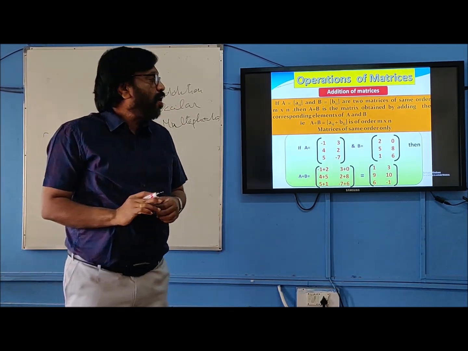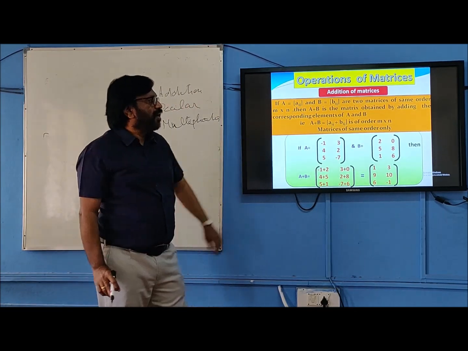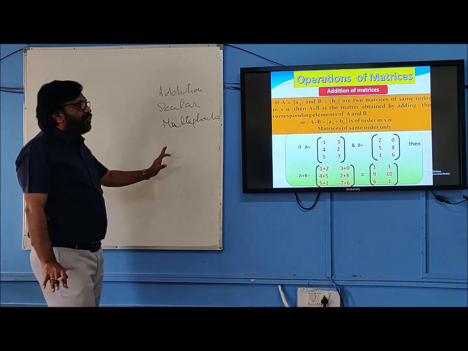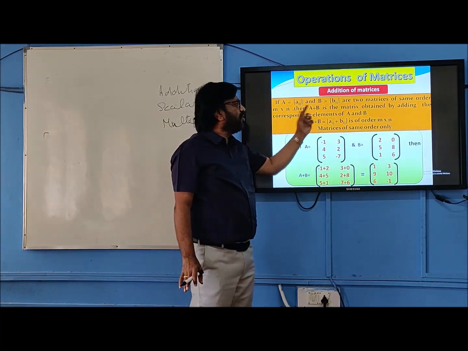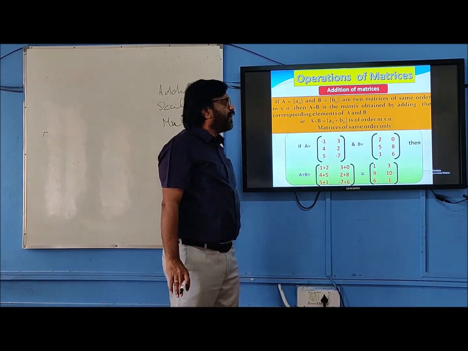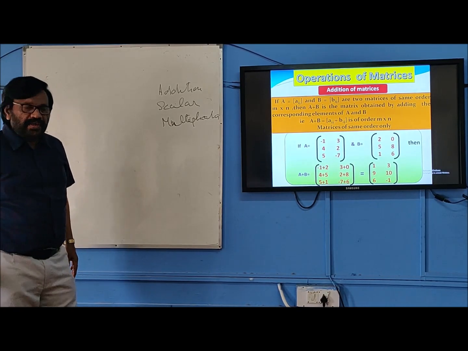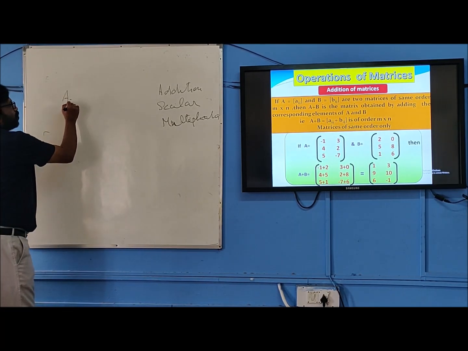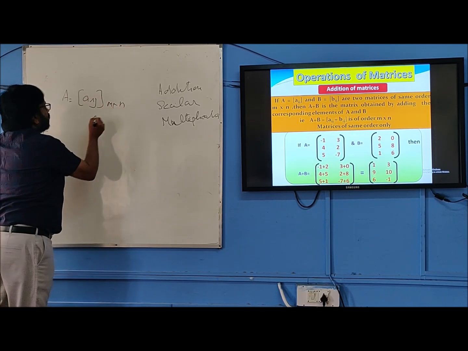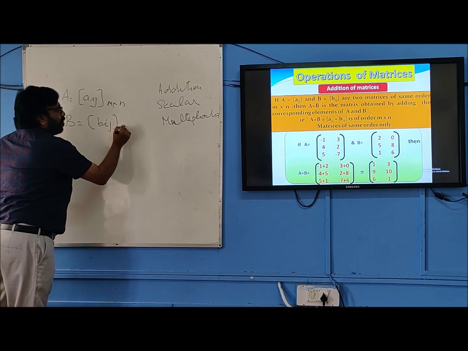First we will see how we can add 2 matrices. Suppose A and B are 2 matrices of the same order. That also we have to remember: we can add 2 matrices only if they are of the same order. Then A plus B is the matrix obtained by adding the corresponding elements of A and B. Here A equals [aij] is of order m by n, and B is another matrix [bij] of order m by n.